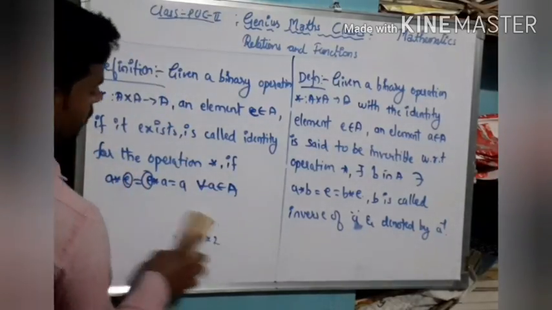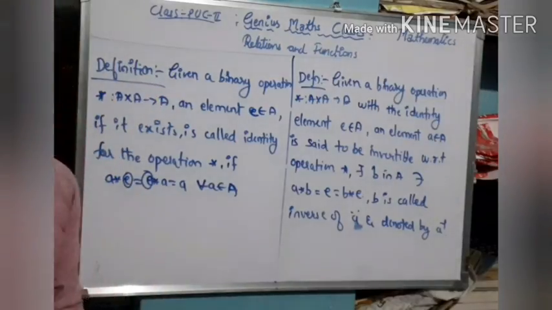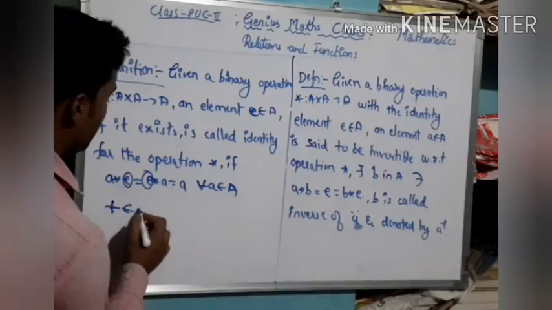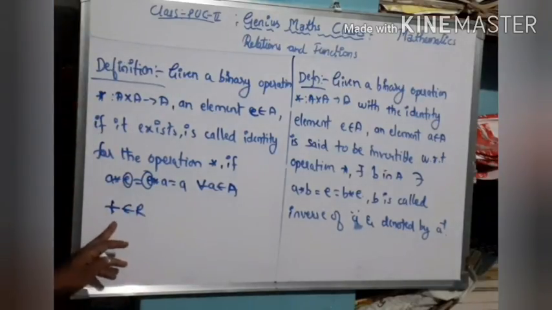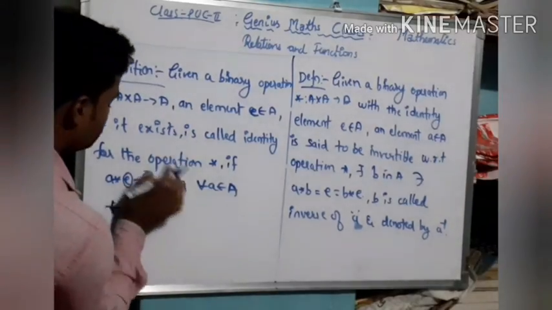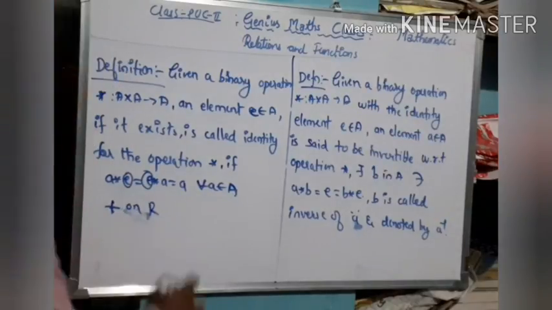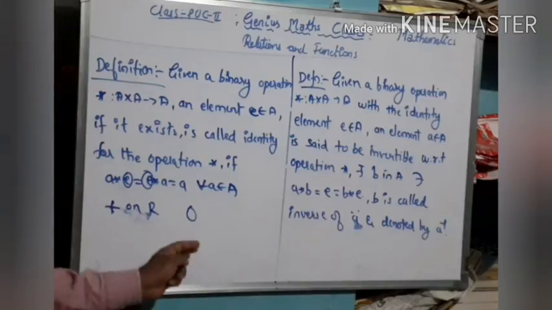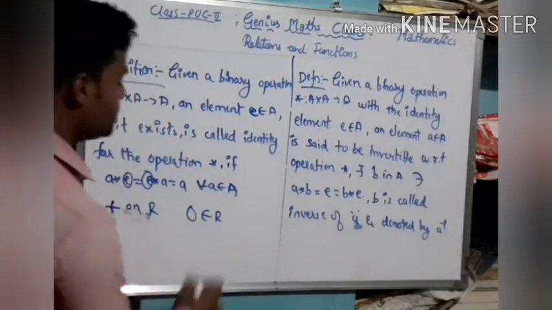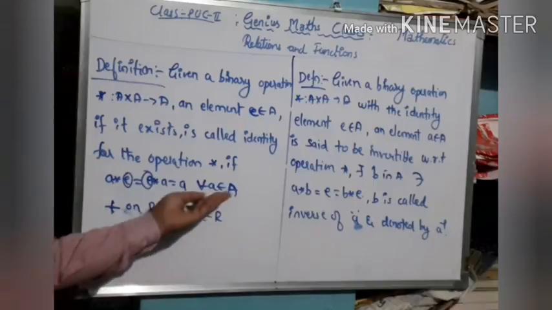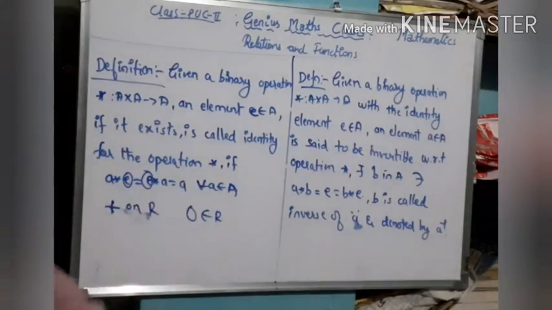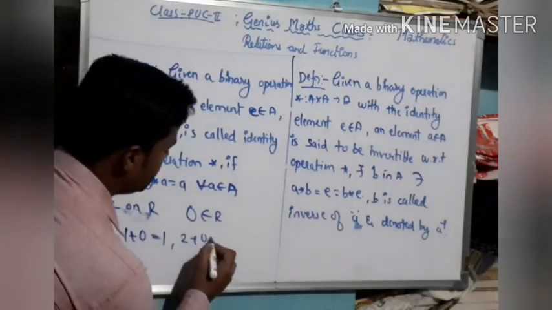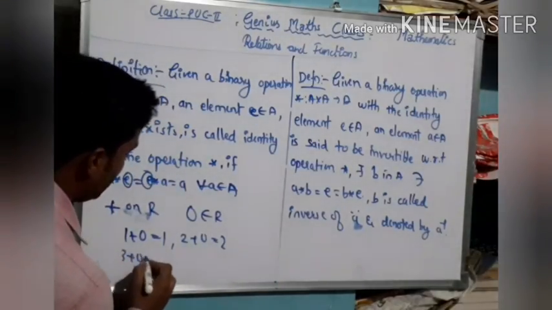If you consider the addition operation on R, then the identity element is 0, which belongs to R, because any number operating with 0 will give the same number as the result, because 1 plus 0 equal to 1, 2 plus 0 equal to 2, 3 plus 0 equal to 3.